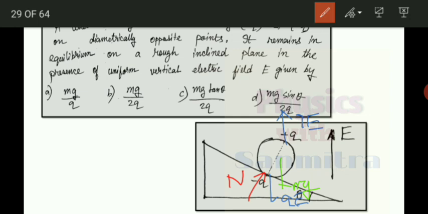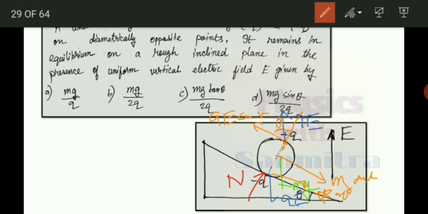Along this normal force there is nothing, but along the perpendicular, this is mg sin theta. Due to this qE, I can say this is angle theta, this one. So qE cos theta, and since this qE is on the downward side, I can also say qE cos theta on this side, qE cos theta.